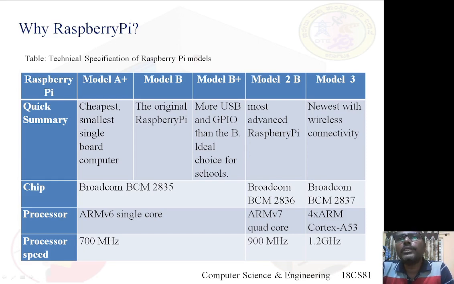Model 2B has ARM V7 quad core processor. Model 3 has 4 ARM Cortex A53 processor. Now, about speed, Model A Plus and Model B Plus have speed up to 700 MHz. Model 2B, speed up to 900 MHz. Model 3, speed up to 1.2 GHz.